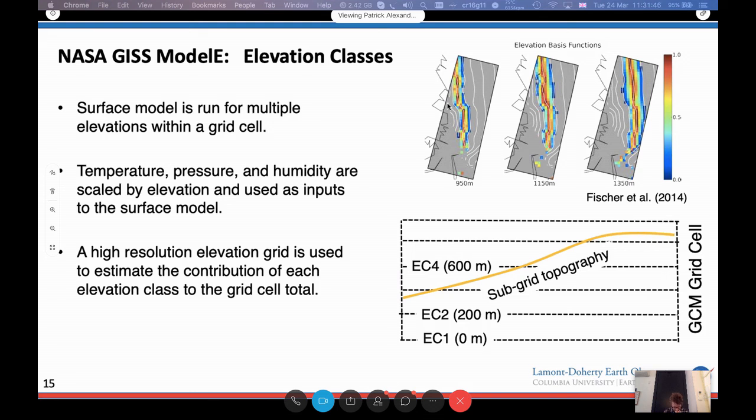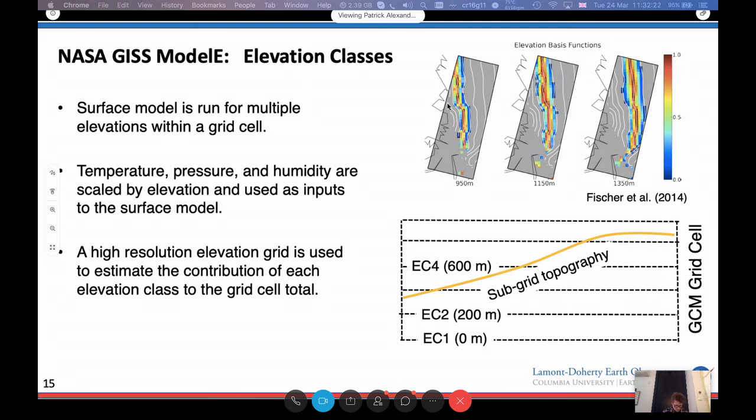Basically we simulate the surface model of the GCM for each of these elevations, and then we can take the outputs over each of these elevations and integrate that over the entire grid cell. So basically what's happening is over each of these elevation classes, the surface temperature, pressure, and humidity are being scaled with elevation and used to force the surface model. Basically increasing the spatial resolution that we can simulate.